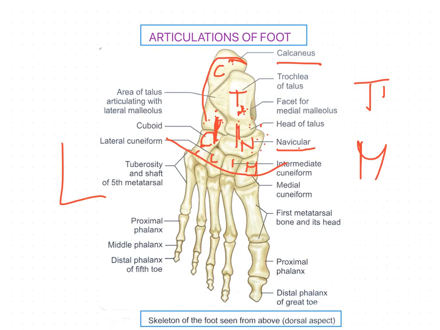On the inferior aspect it articulates with the calcaneum, forming the talocalcaneal or subtalar joint. Anteriorly these two bones articulate with the navicular, forming the talocalcaneo-navicular joint, which is very clear on the medial aspect.